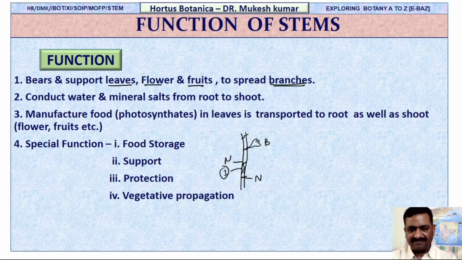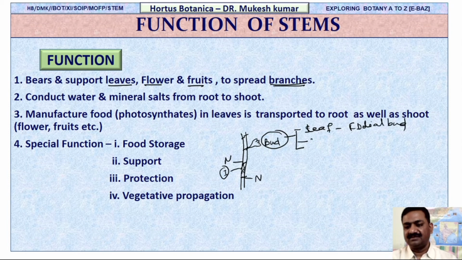We have this bud, and this bud will develop in the form of a leaf, so it will be called a foliar bud.